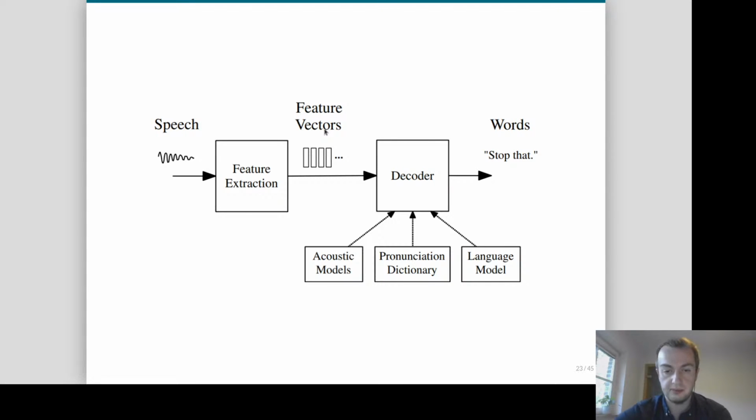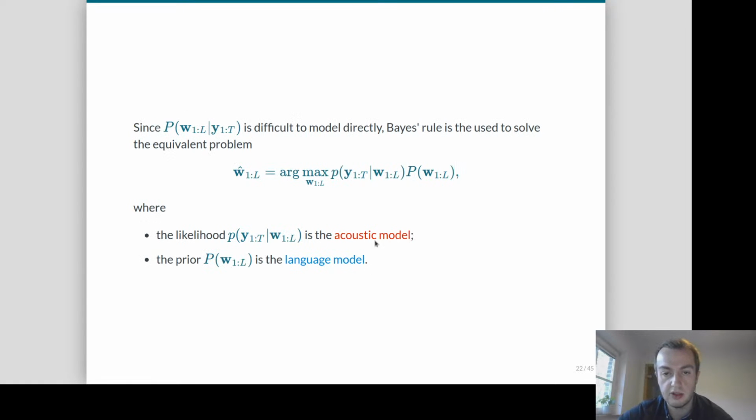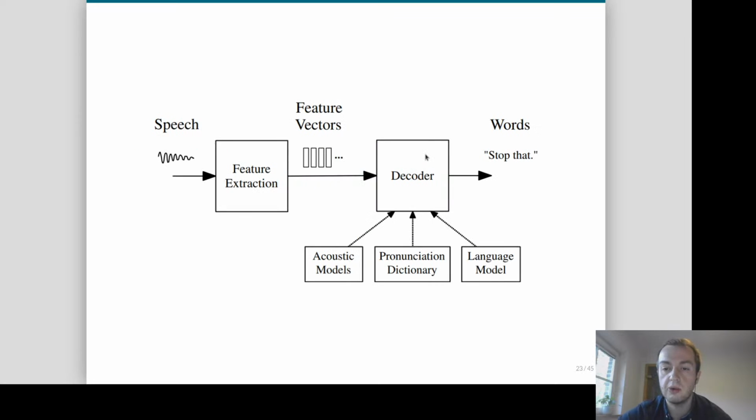And then we would have to define several pieces: the acoustic model, maybe a pronunciation dictionary, which we'll see in the next few slides, and then the language model. Then we could recombine all these things together, for example, in this way, to be able to decode the speech into a sentence made of words, right?